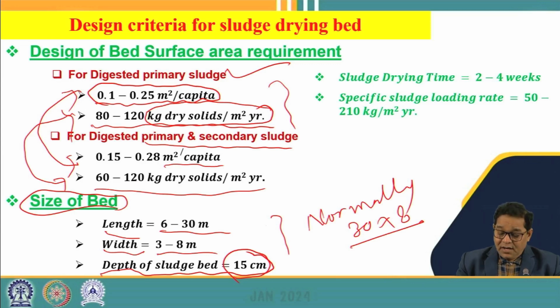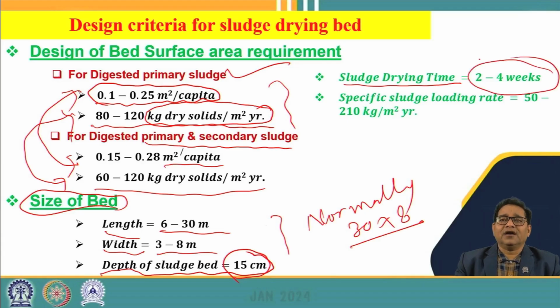And then there is the sludge drying time. So how much time it takes for sludge to remove its moisture, that is normally 2 to 4 weeks. That also depends upon the type of the sludge, whether it is digested sludge, undigested primary sludge or mixed sludge.